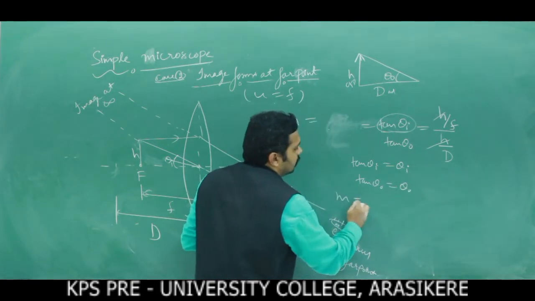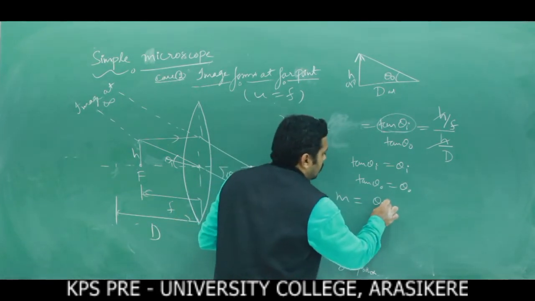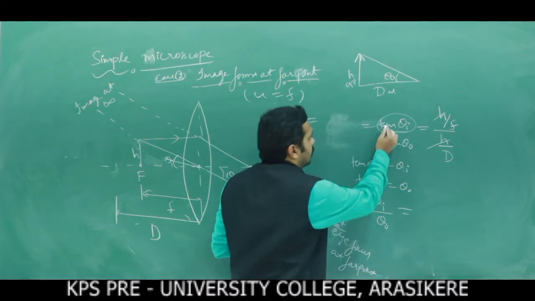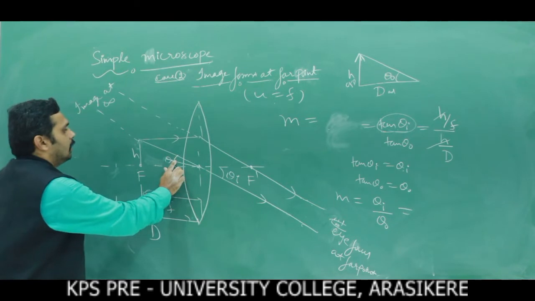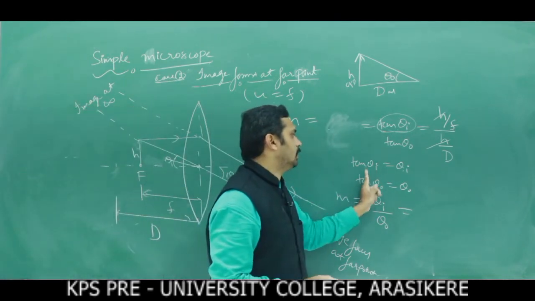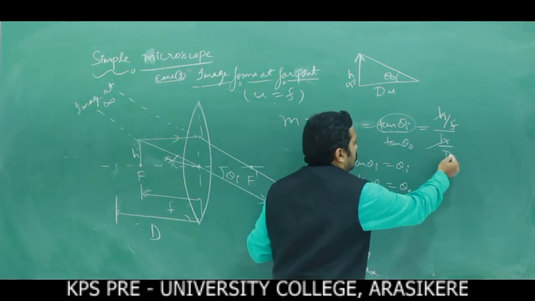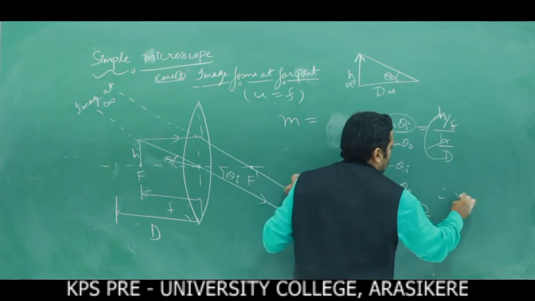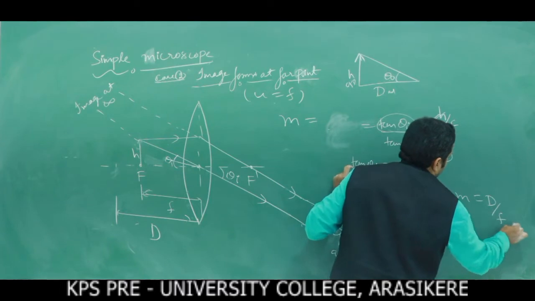So m is equal to the angle subtended by the image to the angle subtended by the object at the eye. If these angles are very small, then neglect tan: theta i by theta naught. Know that d goes to the numerator, d by f. Therefore m is equal to d by f.